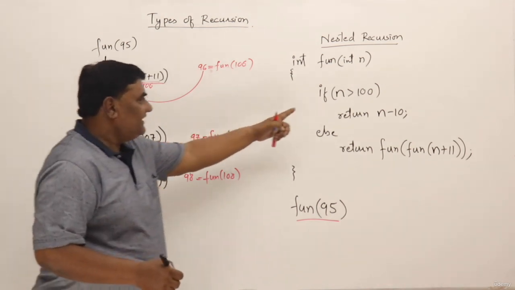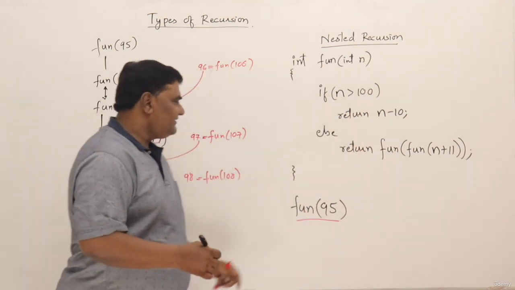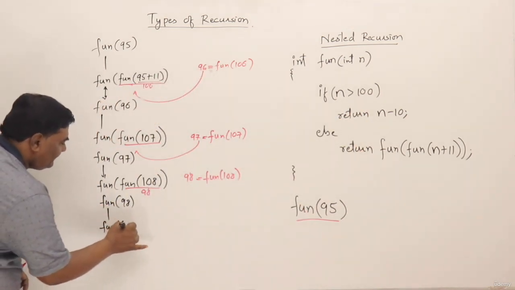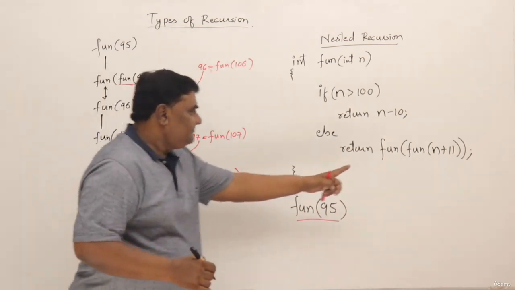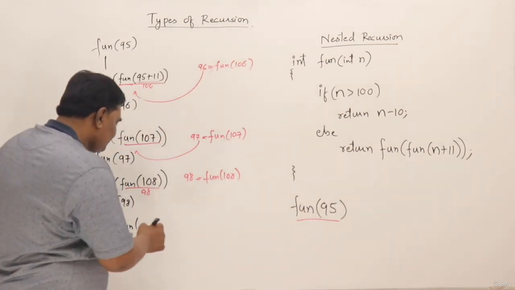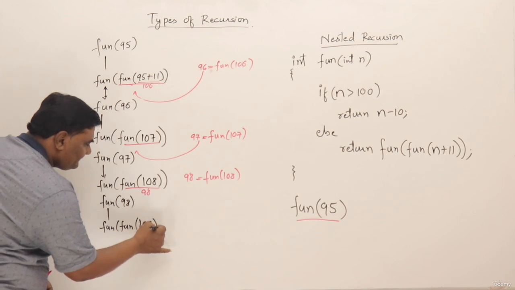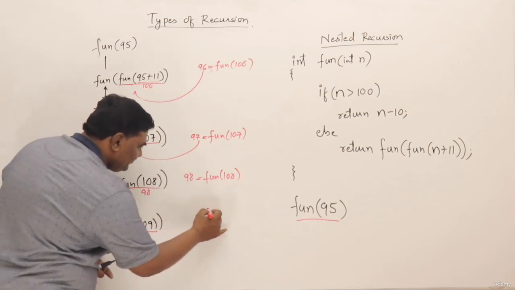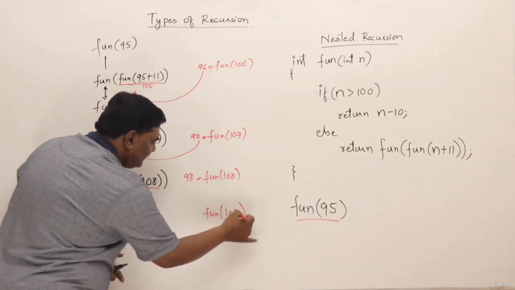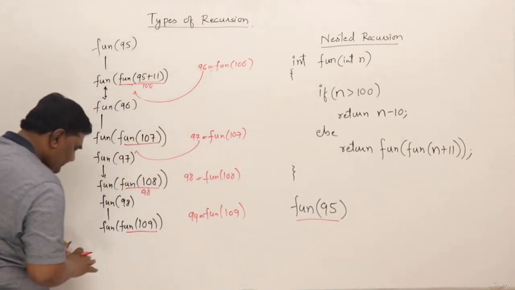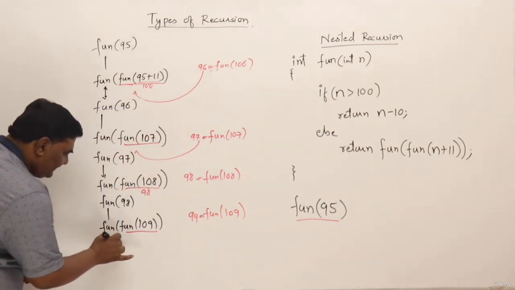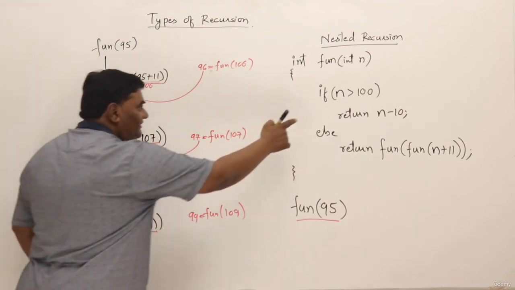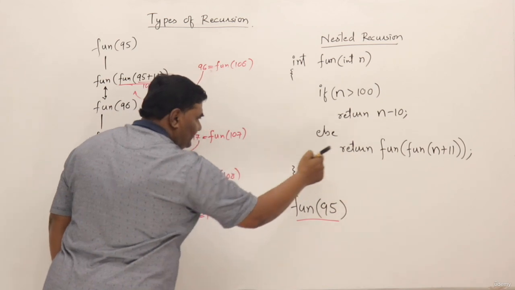Now fun of 98, 98 is not greater than 100, so it enters into the else part. Then it becomes fun of 98 plus 11. So this becomes 109. And fun of 109 becomes 99. So this is fun of 99. Fun of 99 is not greater than 100, so it will go into the else part.